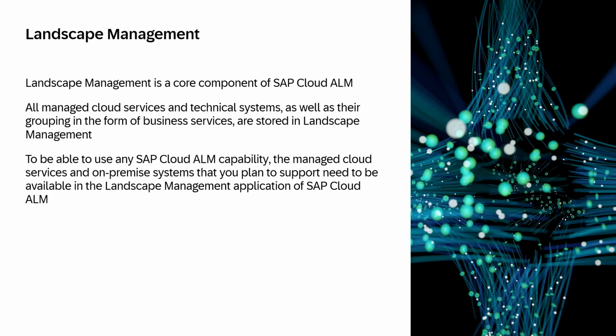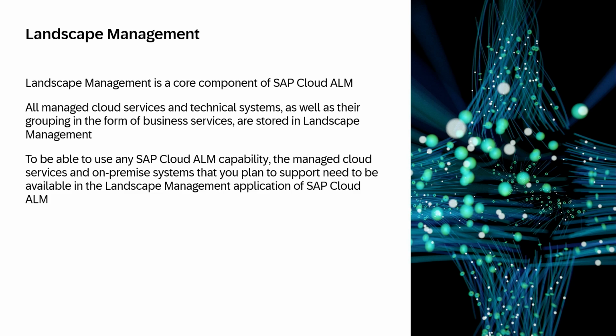Landscape management is a core component in Cloud ALM. As you know, the main commodity of Cloud ALM is systems, your managed services and systems, your system landscape. This means that in our landscape management, pretty much everything comes together. You can have cloud services and technical systems in landscape management.